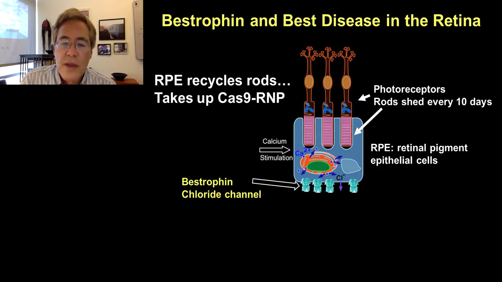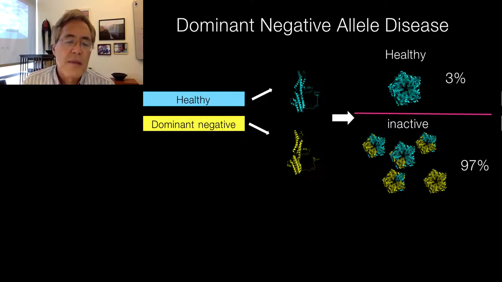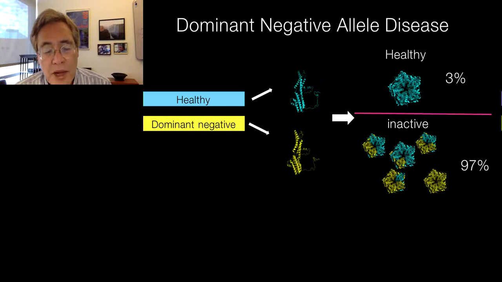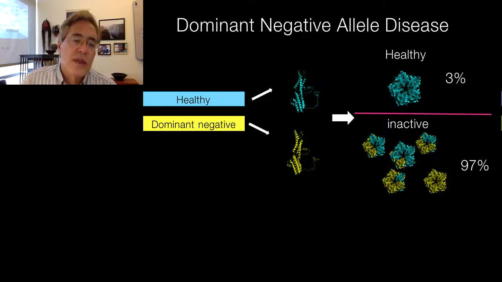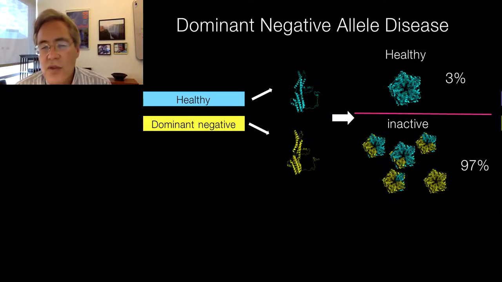So the way we think about dominant negative alleles is indicated here with the structure of the BEST1 protein. You can see here that it's a homopentamer made by the BEST1 protein, and you have 50% of it coming from either the healthy or the dominant negative protein. And in this case, you can see that in some cases only one subunit is taken up by the one dominant negative allele, or sometimes all of it.